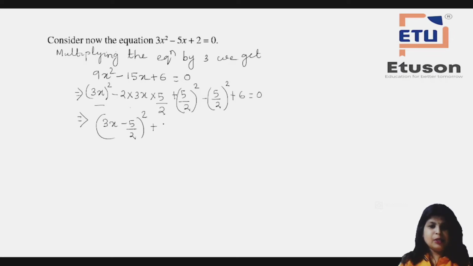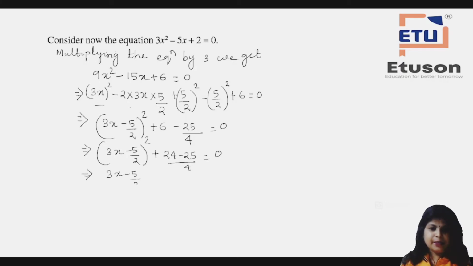So I'll write down 6 first, minus 5 by 2 whole square, that is 25 divided by 4, is equal to 0. It implies you will get 3x minus 5 by 2 whole square. Let us sort it out: 6 into 4, that is 24, minus 25 divided by 4. It implies your 3x minus 5 by 2 whole square is equal to 1 divided by 4.